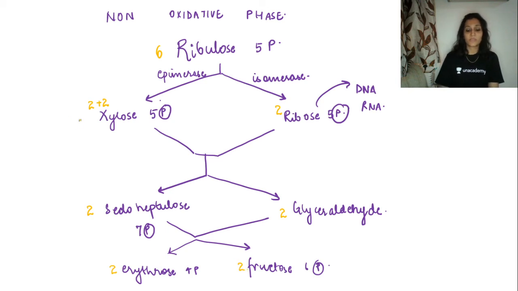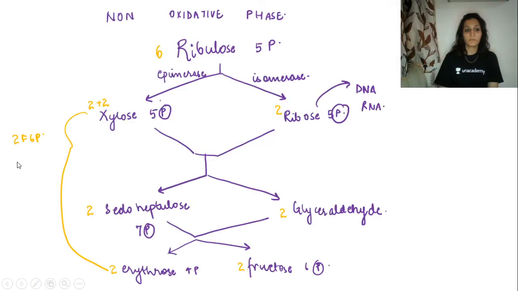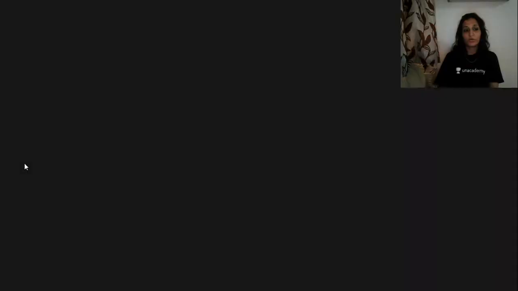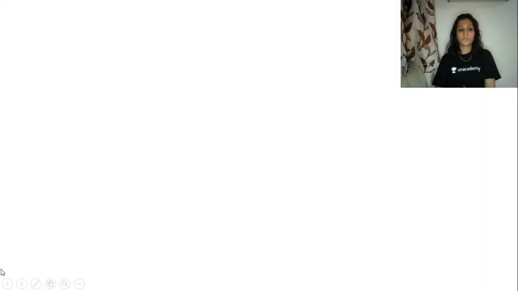And xylulose and erythrose are going to react and give rise to 2 molecules of fructose phosphate, and 2 molecules of glyceraldehyde. This is going to happen.